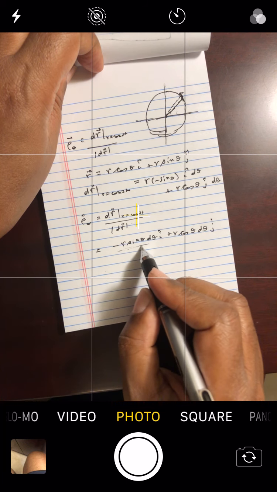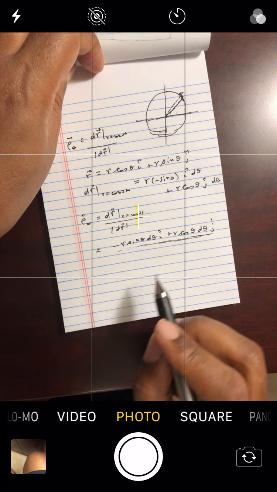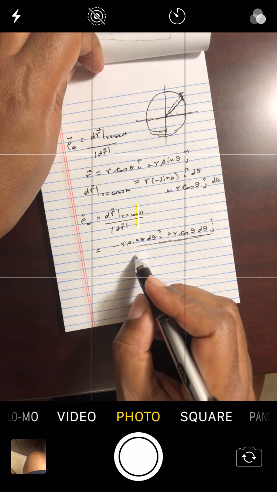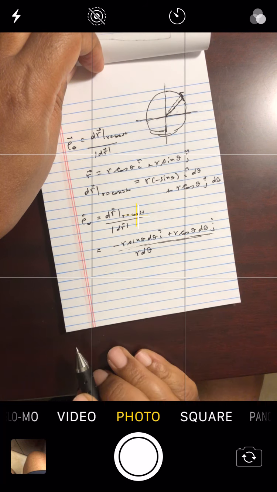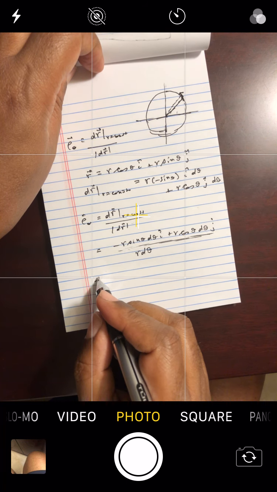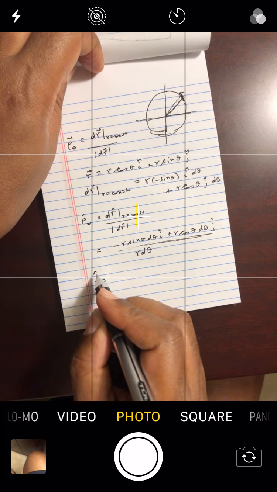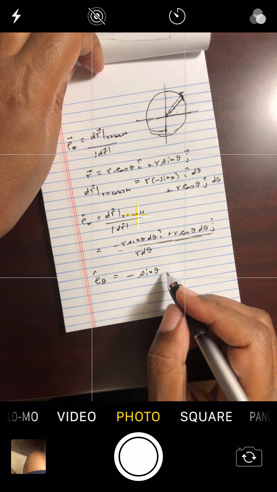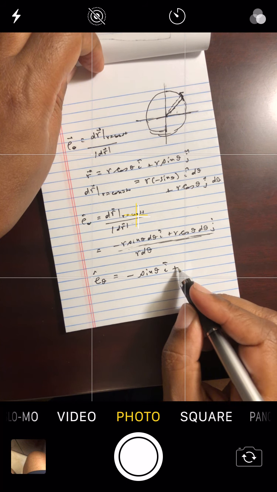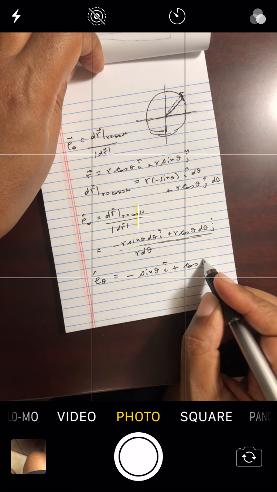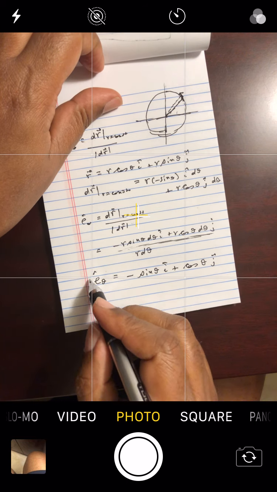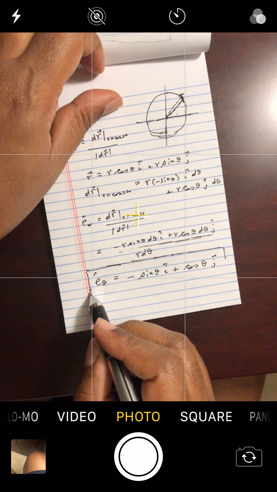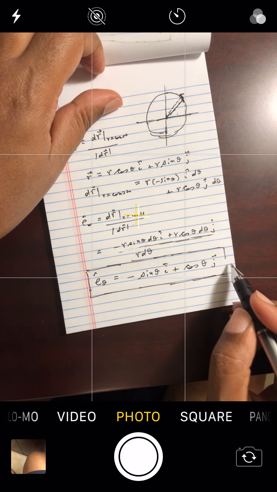When you square this and take the square root, sine squared theta plus cosine squared theta is 1. It's simply going to be R d theta. So I divide this, and you get the following for E theta: negative sine theta in the i direction plus cosine of theta in the j direction. So this is a formula for E theta.